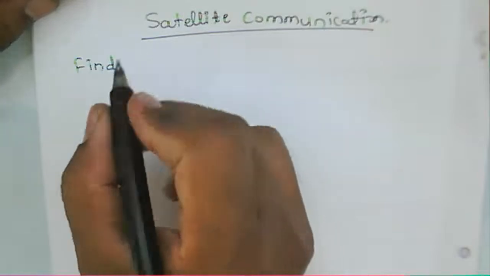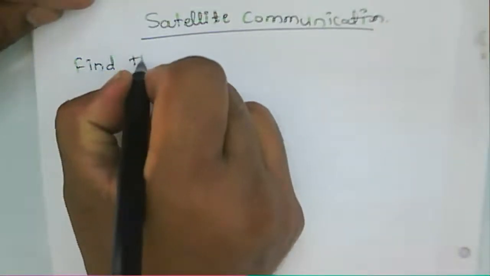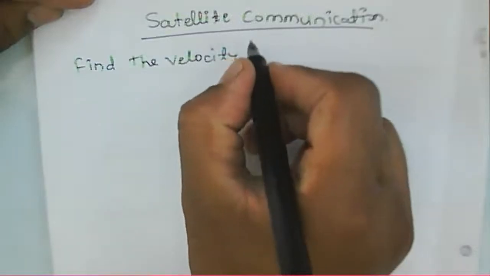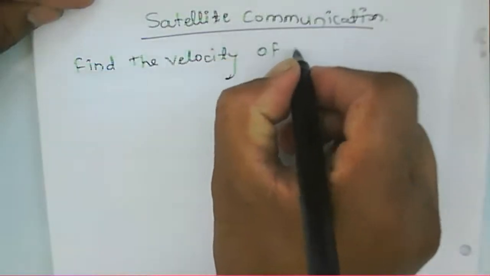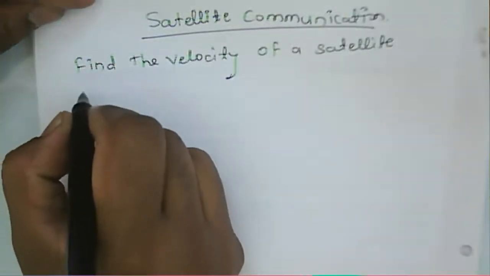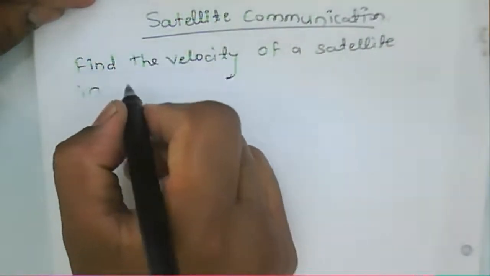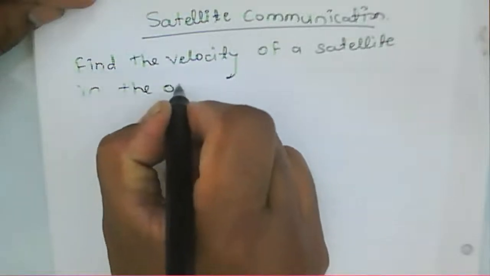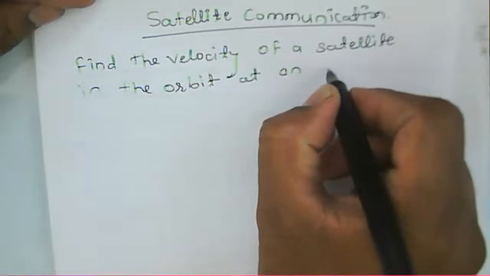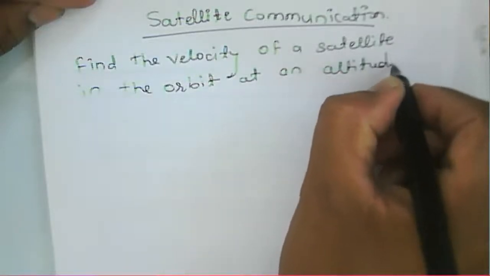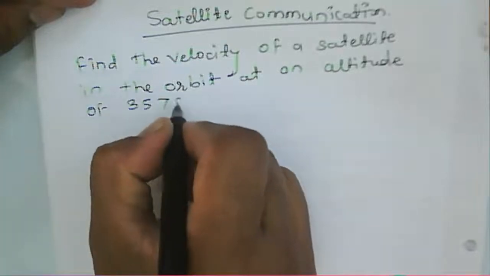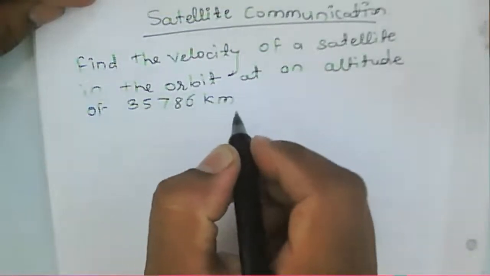So you may write down here: find the velocity of a satellite in the orbit at an altitude of 35786 kilometer.